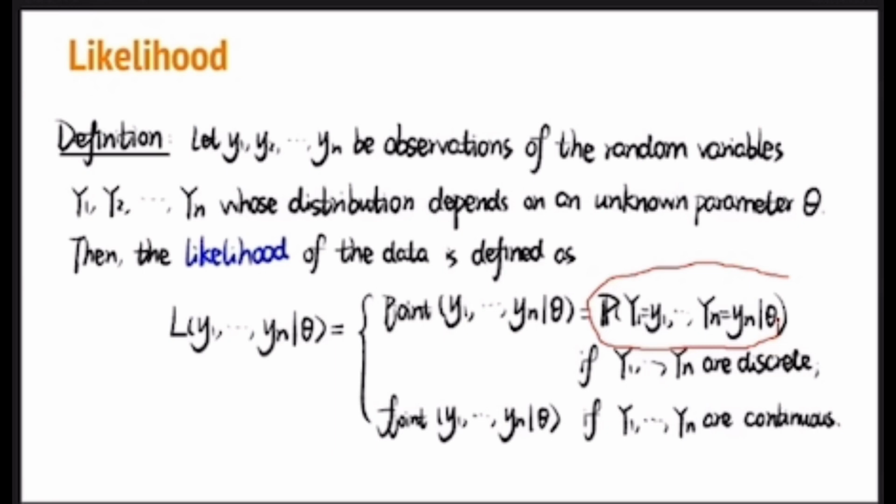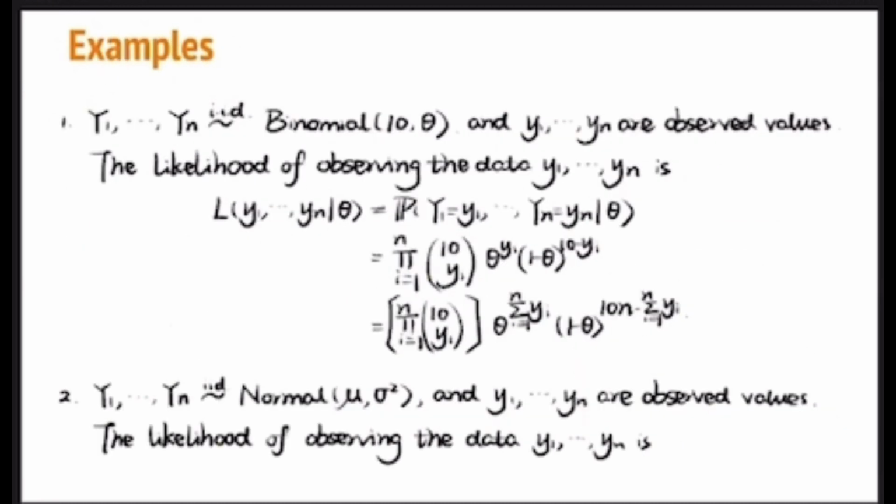So I'm defining the likelihood. Now I want to go into distributions. How do we get the likelihood? For instance, if I'm working with the Bernoulli distribution, what does that mean here? It means I want to observe just 10 people.